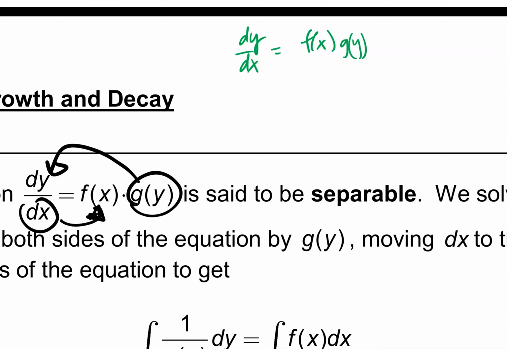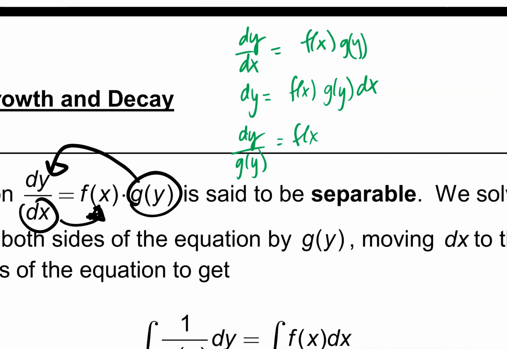If I multiply by dx on both sides, I have dy equal to f(x) g(y) dx, and then I divide by g(y) on both sides. So I'll have dy over g(y) equal to f(x) dx.